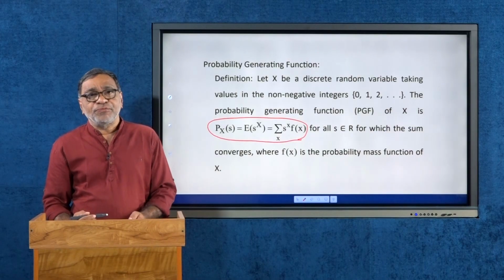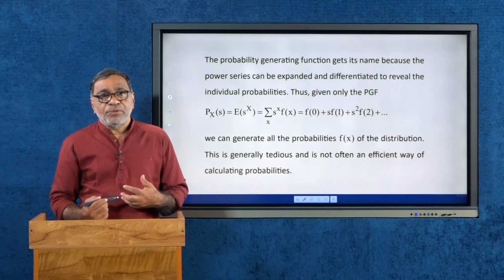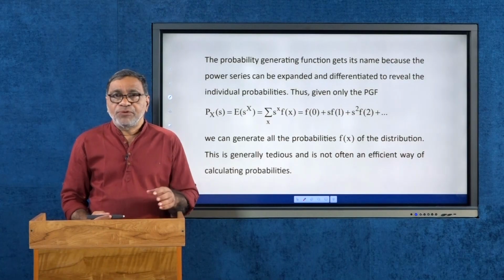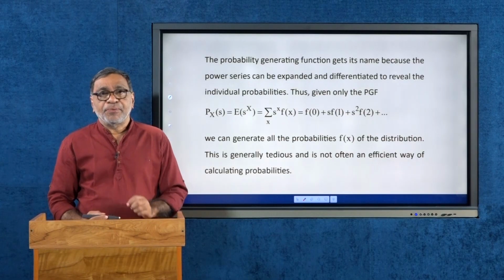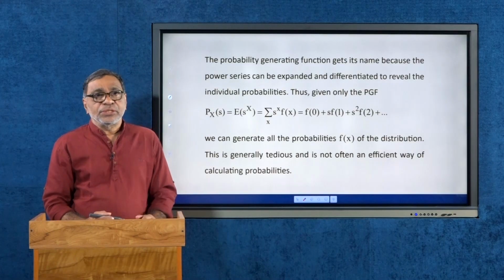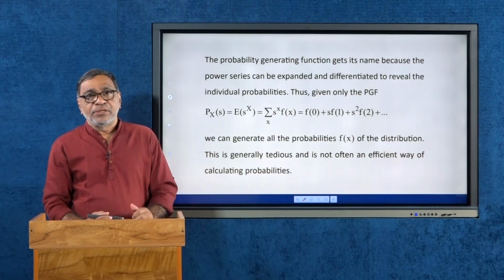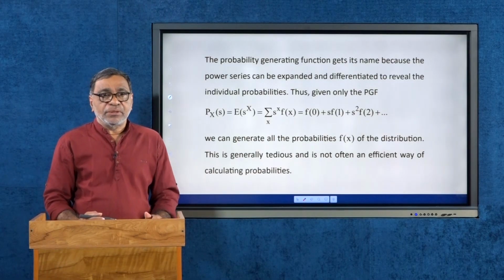The advantage of this function is that we are generating probabilities corresponding to different values of the random variable. The probability generating function gets its name because the power series can be expanded or differentiated to reveal the individual probabilities of the random variable.